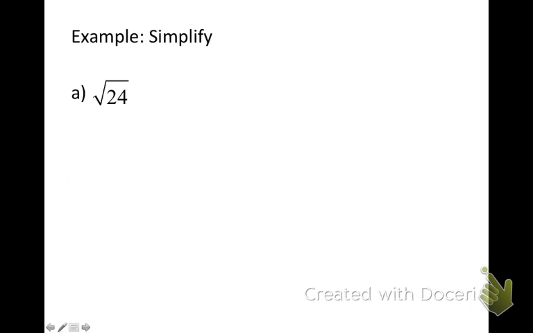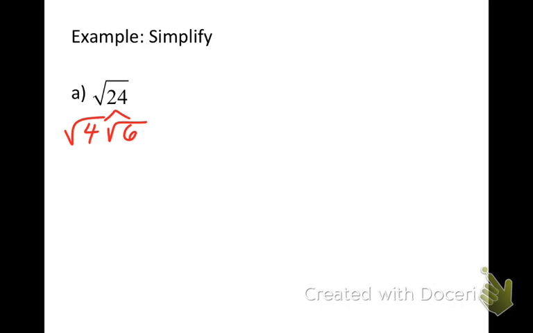Okay, so for our first example, simplifying the square root of 24. So when I teach this, maybe back in Algebra 1 as a freshman, you guys did factor trees all the way down to prime factorization. Me personally, I like to think about which perfect square divides into 24. 4 times 6.